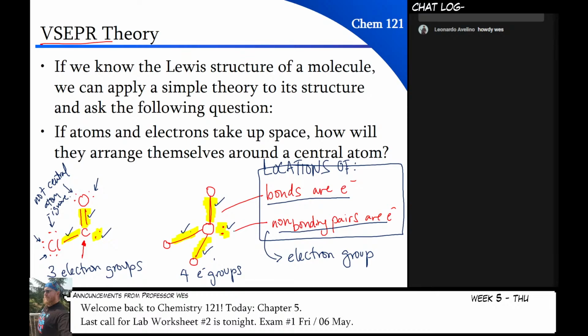Well, we said that bonds are made of electrons, and we also said that non-bonding pairs are made of electrons. So what will these 2 entities do to each other? Well, electrons will always repel each other. So therefore, any bonds will repel other bonds around a central atom, as will electron pairs.